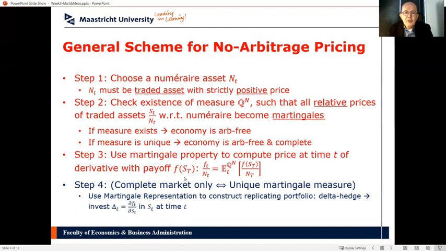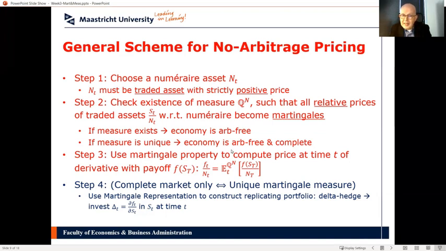Because the derivative with a certain payoff divided by the numeraire, so if I have a payoff at time capital T, the payoff is f of S at time capital T divided by the numeraire, that thing is a martingale. So that means that today's price, f small t divided by the numeraire small t, must be, under the martingale measure, the conditional expectation of the value at time capital T.